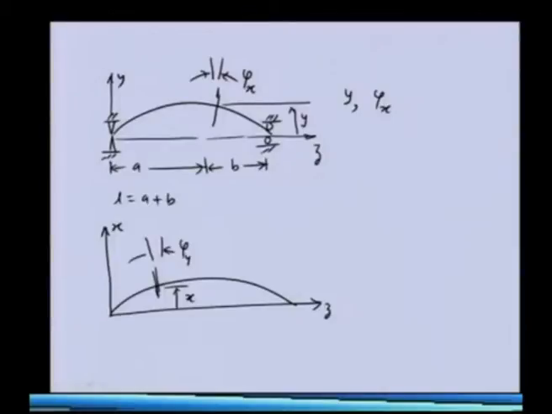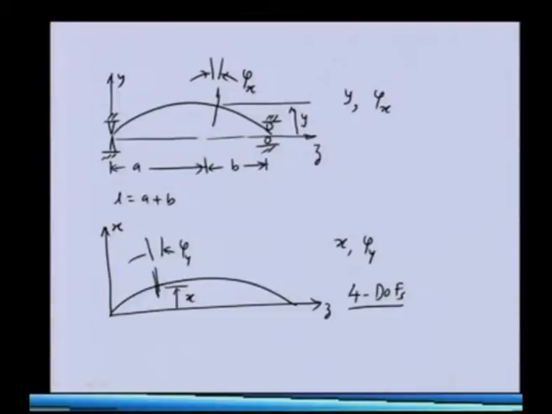So, in this case we will have another two displacements to define the position of the disc. So, now we have a total 4 degree of freedom system, and we will be getting 4 equations of motion corresponding to these directions.